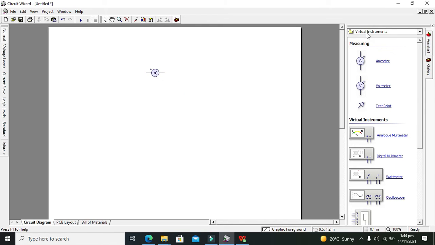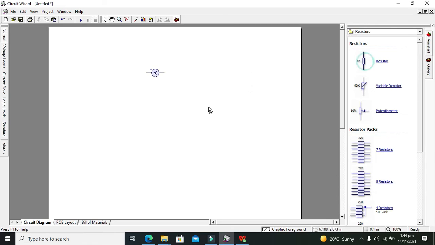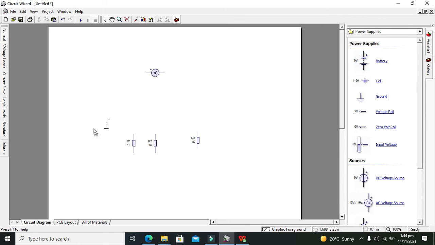So this is our ammeter. We also need some components like resistors. Okay, these are our resistors. Now we need our power supply because we need a current source as well. So we will go for a 9-volt battery.